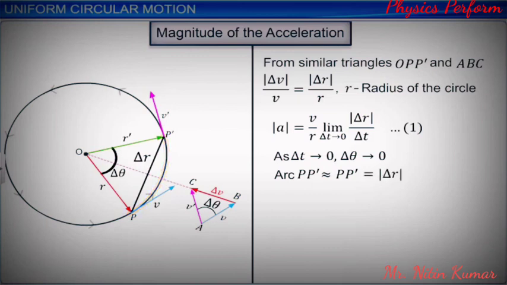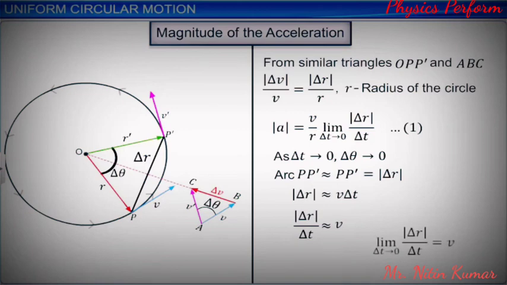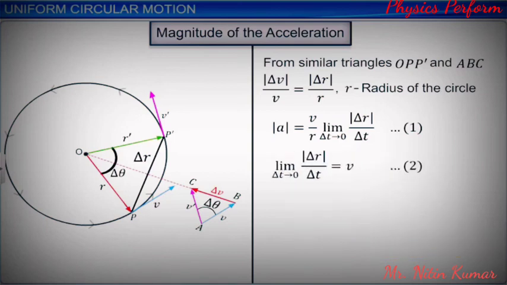This can be written as magnitude of delta R by delta t is approximately equal to V, which implies limit delta t approaches 0 magnitude of delta R by delta t is equal to V. Let this be equation 2. Substituting equation 2 in 1 and simplifying, we get a is equal to V square by R. Let this be equation 3.